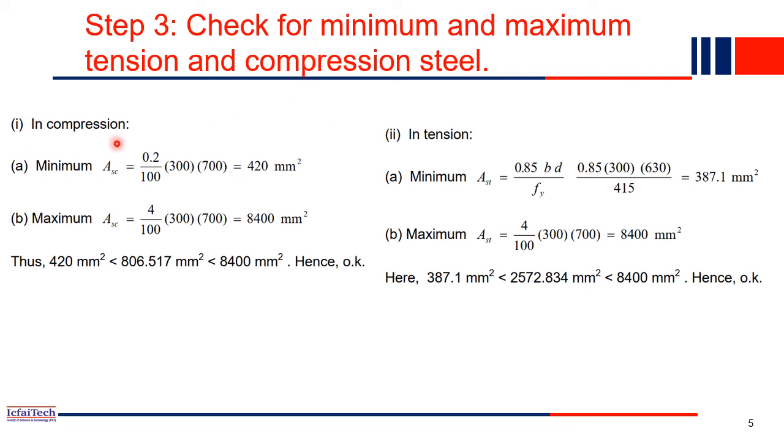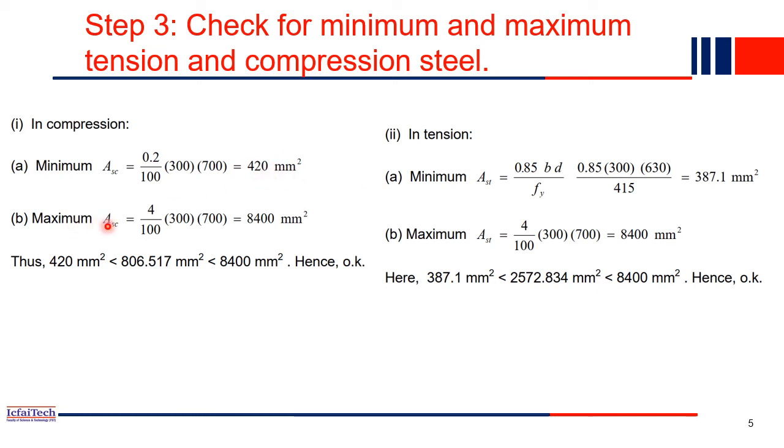In compression, we have to provide a minimum of 0.2%. Please refer to that lecture. So the minimum of 0.2% of B into D is 0.2 into B into D by 100, right? This comes to 420 mm square. So the minimum compression reinforcement we have to provide is 420 mm square.